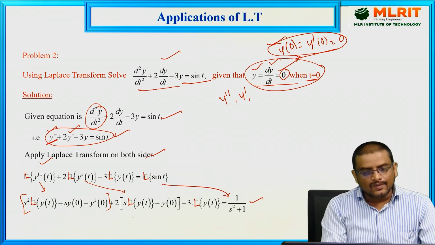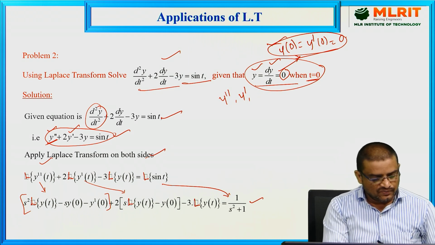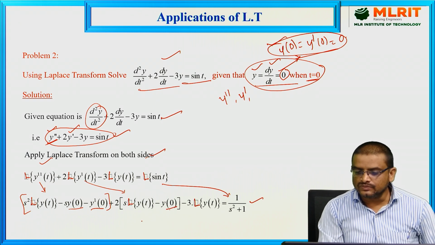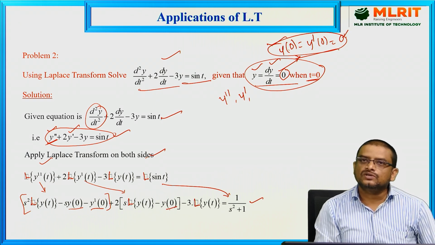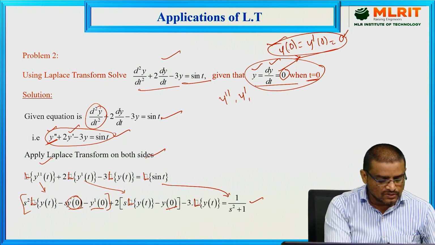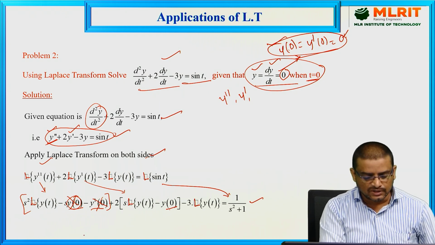Now we have applied the formulas. Once after applying those formulas, we can find y of 0, y dash of 0 and y of 0. And we know that y of 0 and y dash of 0, he has given those values are equal to zero. So if you replace y of 0 with 0, we don't get this term. Y dash of 0 also becomes 0, this particular term.